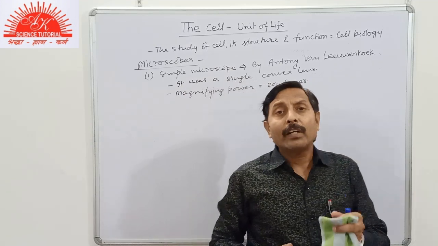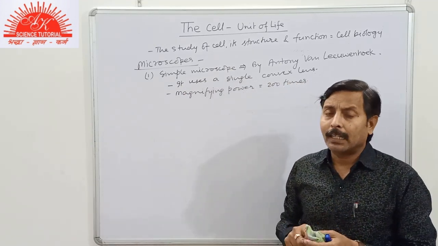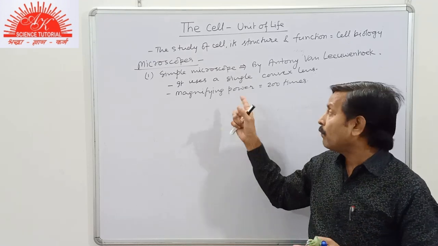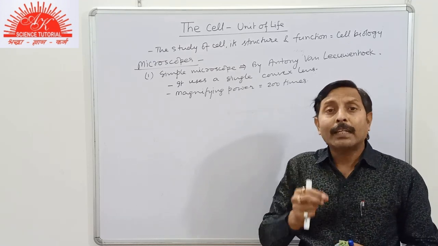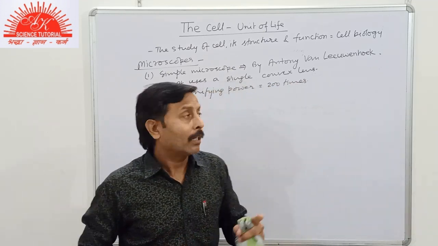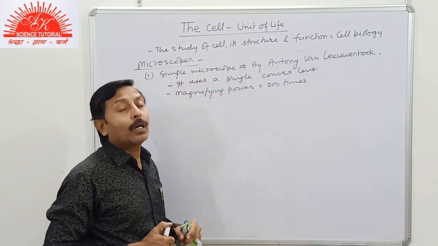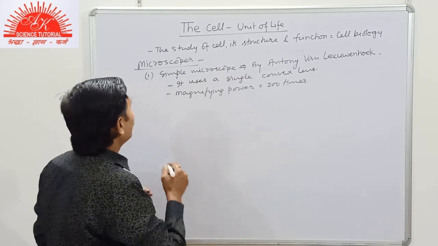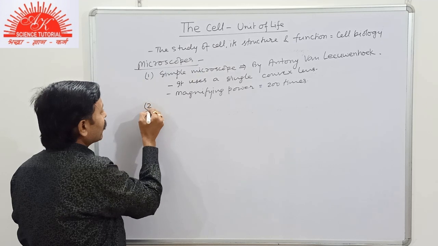Means when a very small object like a cell is placed on a glass slide and seen with the help of the simple microscope, a bigger image is seen by us. Its magnifying power is 200 times. But still it was very small to study the structure.